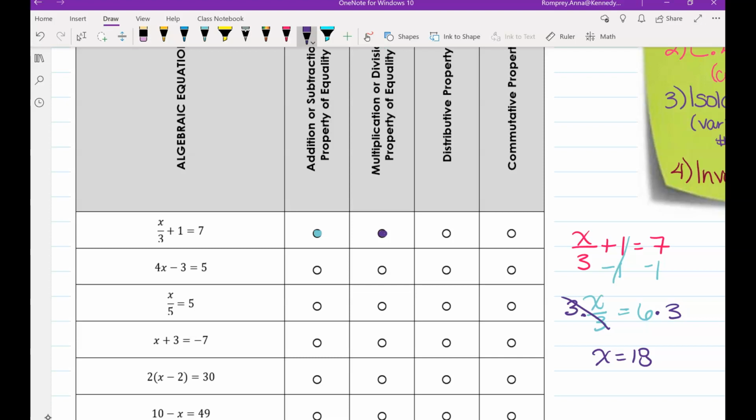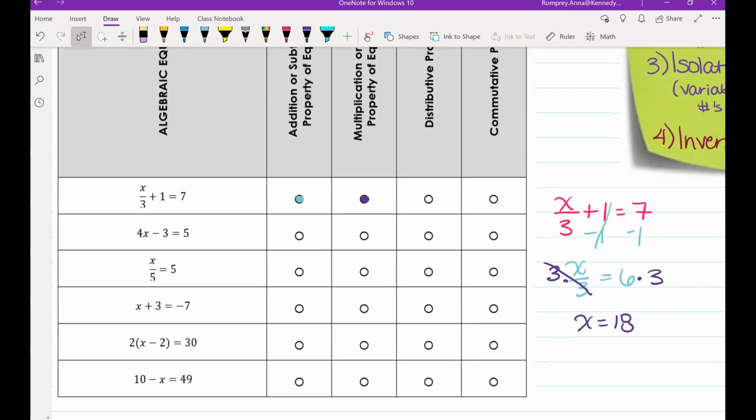Again, it's multiplication or division, because I can multiply by 3 or divide by 1/3, which would be the same as multiplying by 3. So they're all universal, it's just different ways of writing them. Again, you can keep this work, or if you know what you're doing, you can kind of put it on here. It's up to you.